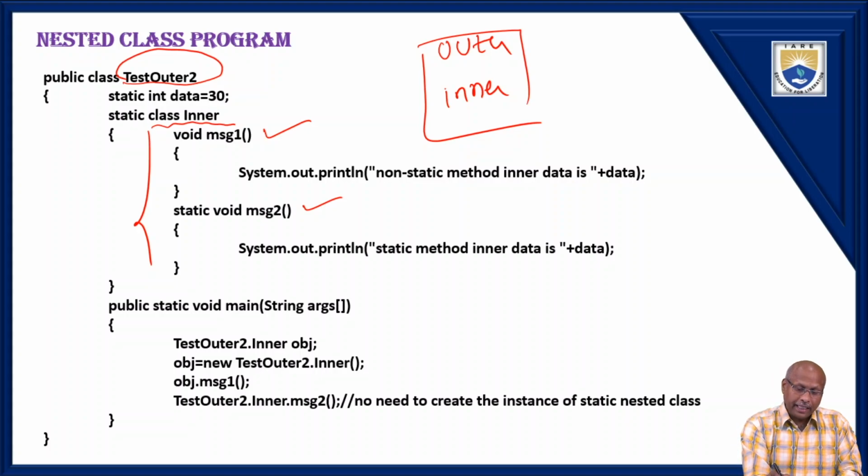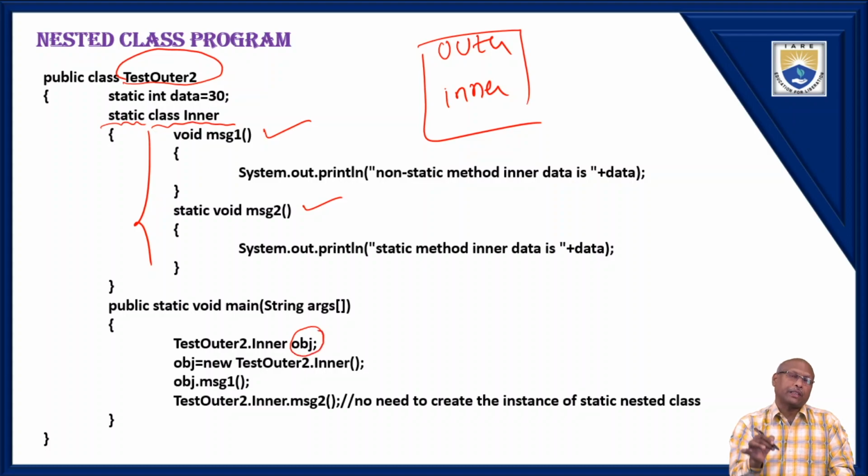So my inner class is of static type. Now I want to use these methods in public static void main: TestOuter2.Inner obj. That means I am creating an object for my inner class. TestOuter2 is my outer class, and inside it there is a class called Inner.